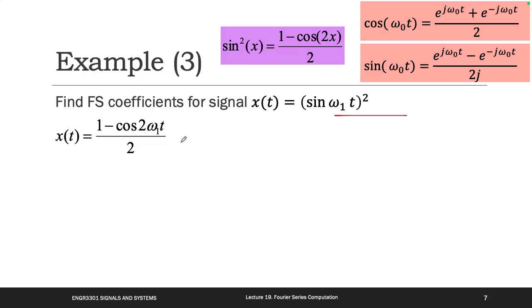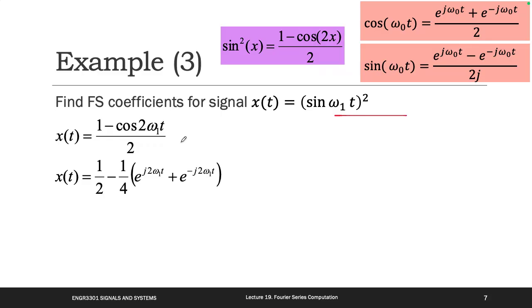The Euler equation can also be used in the opposite direction. Just try to remember this one. This is very important for the FS part and the Fourier transform. And then you can easily convert this equation to this one. That makes sense to you?